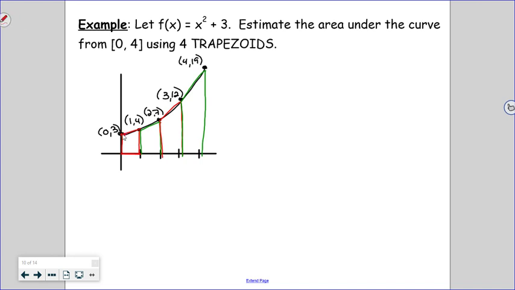Okay. So then if we're using that to approximate the area under the curve, we would have to find the area of each of those little trapezoids. So just again, a reminder on how we find the area of a trapezoid in this kind of a situation. If we were looking at that guy right there, it'd be 1/2. The height is going to be the distance between those parallel lines. Well, if we had an interval of 4, and we have 4 trapezoids on there, each of our lines are going to be 1 apart.